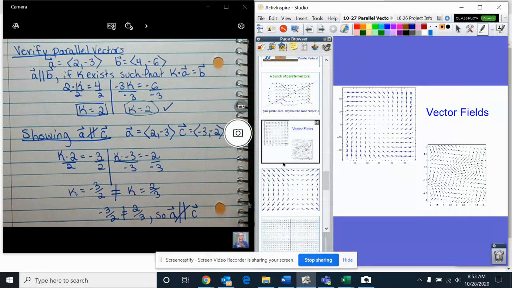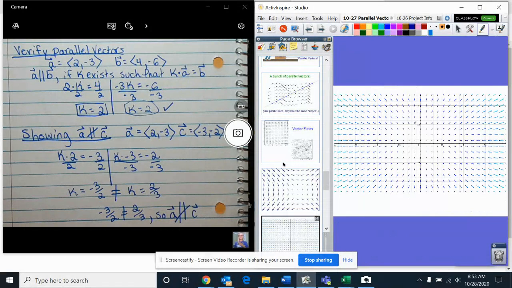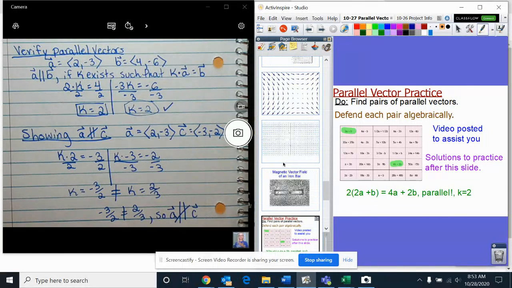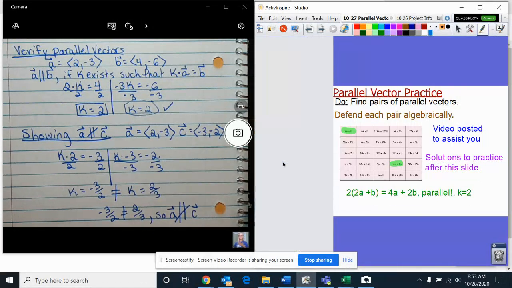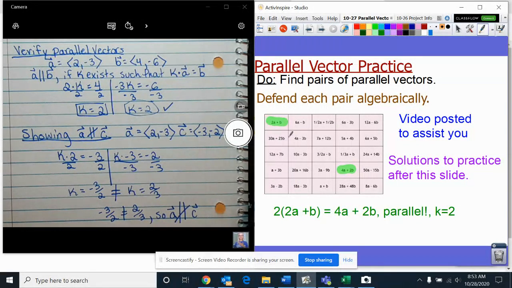And so here's a picture of what he examines. If you are wanting more practice, feel free to look at the additional video posted for practicing parallel vectors. And there's also solutions to this practice at the end of this slide.